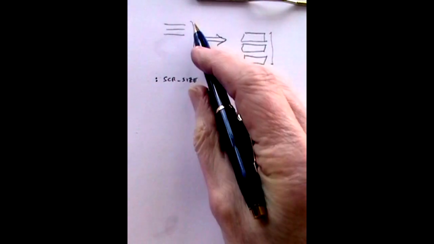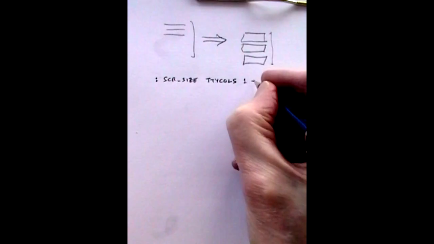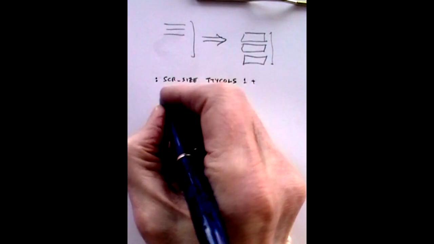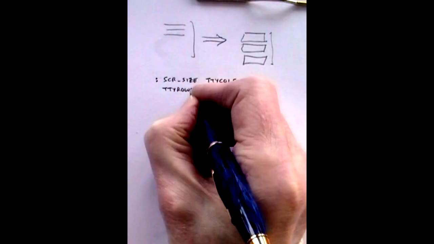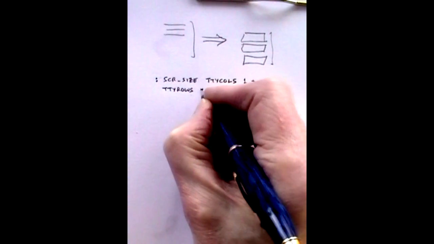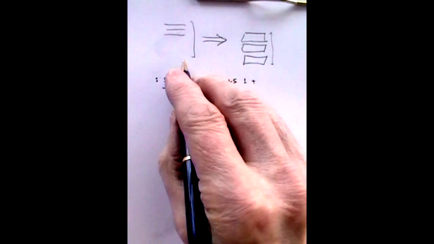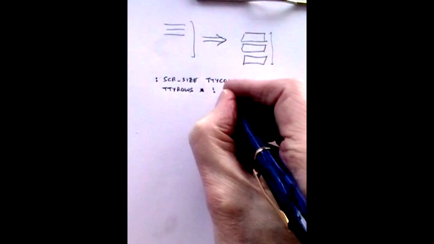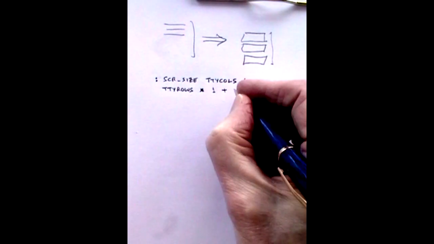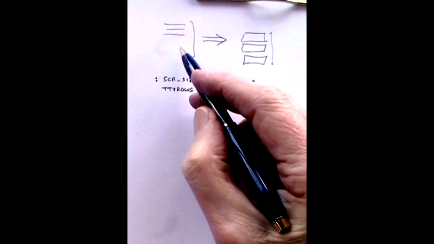But we want to allow for the new line at the end of each line, so we'll add a 1 to it. And then we'll multiply by the number of rows. TTY rows, multiply, and then the extra character right at the end, the screen terminator, we'll add another 1.